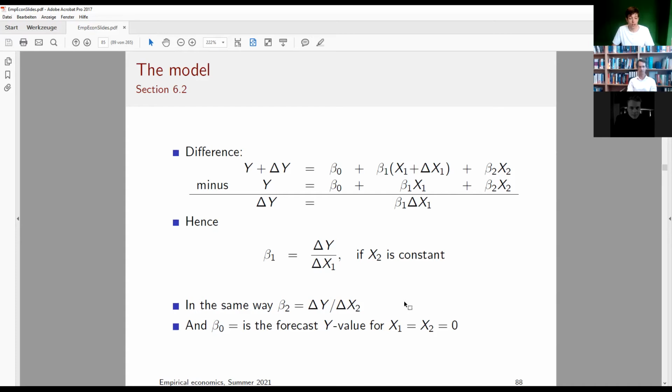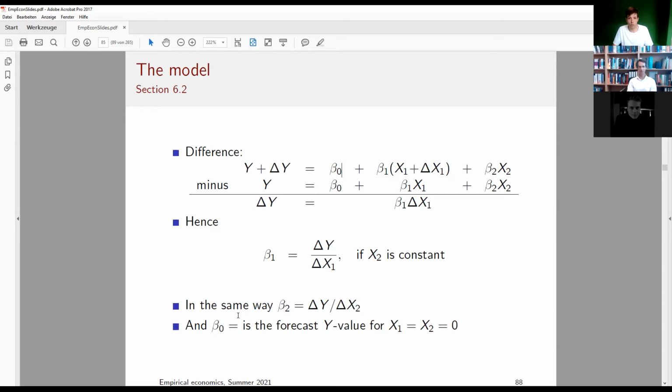Now, we've talked about the coefficients beta 1 to beta k. Beta 0 is still our constant in the regression, and it's the forecast for y if all of the regressors are 0. In our running example, that doesn't make sense because that would imply a student-teacher ratio of 0. So 0 students per teacher doesn't make sense. But x2, on the other hand, might be 0.